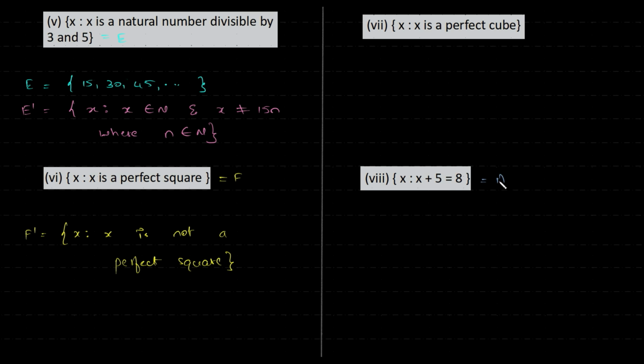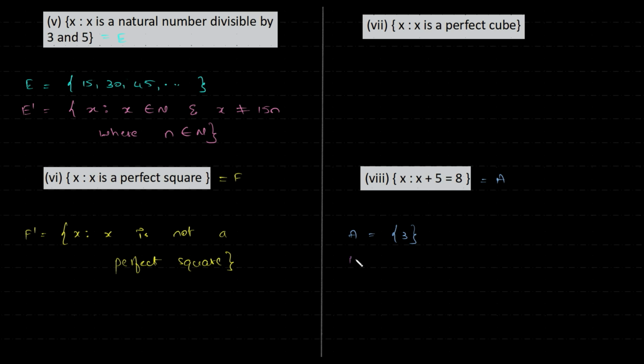So I'll call this A. A is made up of what? A is made up of 3, only 3. A simple single number, 3. That's the only number.